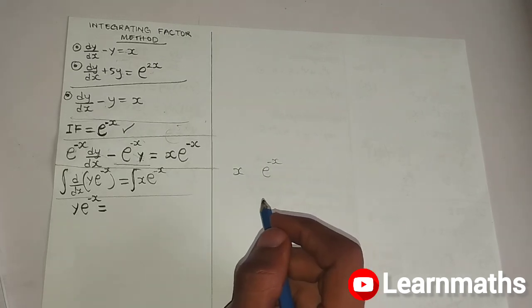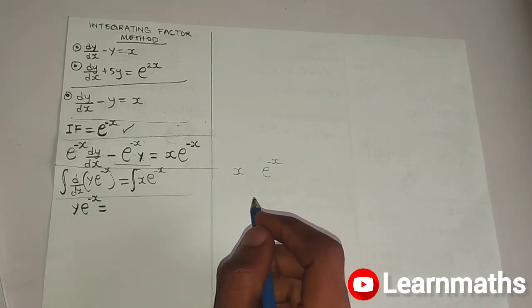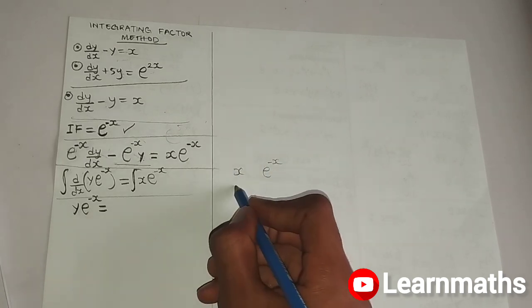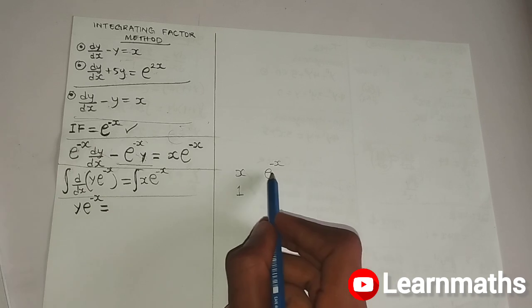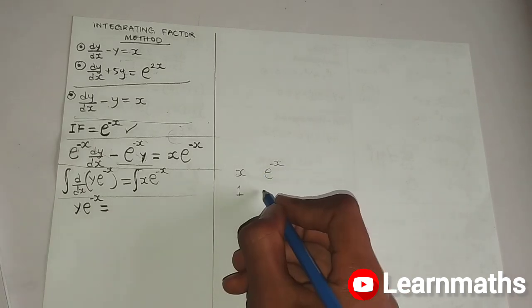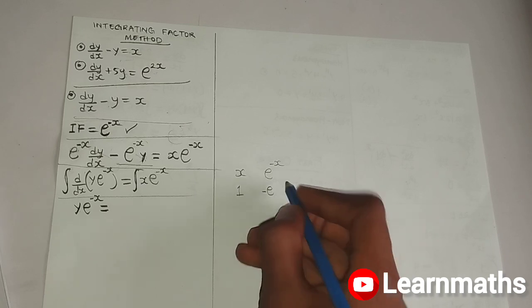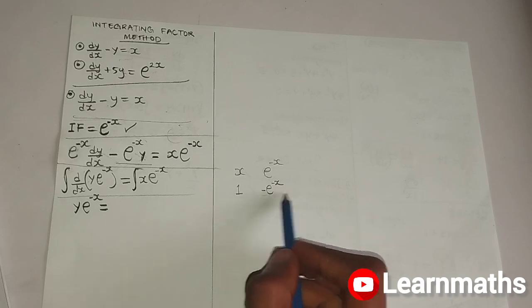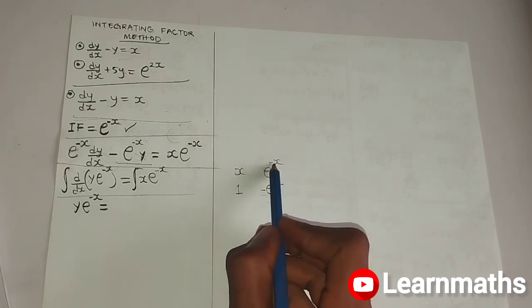So how is this integration by parts? This is x, and the differential of x is going to be 1. And the integral of e raised to negative x is going to be negative e raised to negative x, because that's e raised to negative x divided by negative 1, since the coefficient of x here is negative 1.